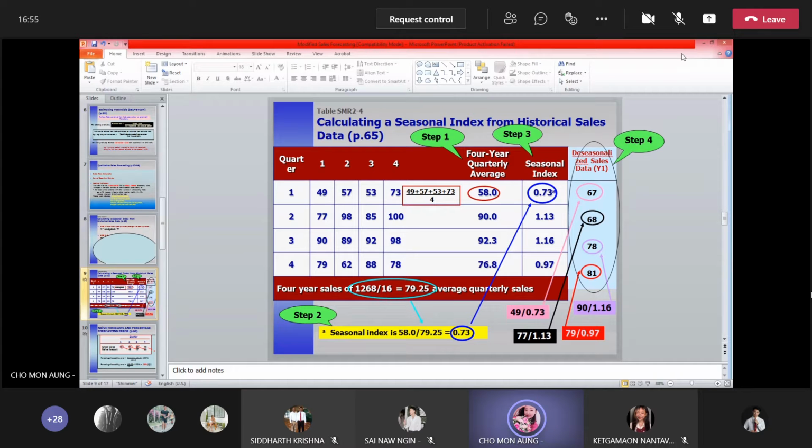Done? This slide is a summary of all 4 steps. Okay? Are you done with this? Yes. Screenshot? Yes.